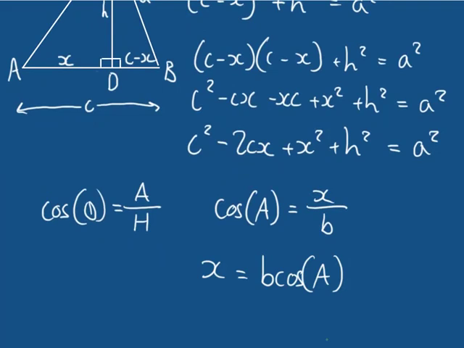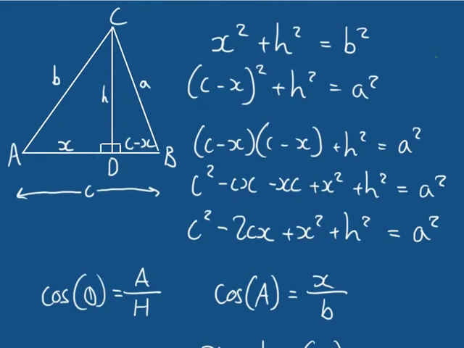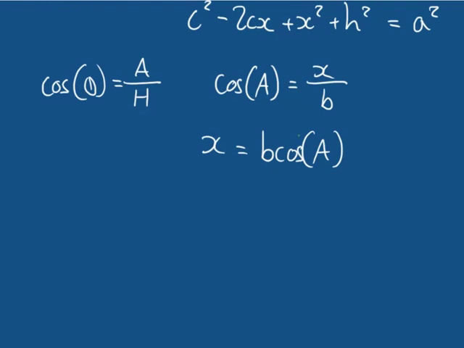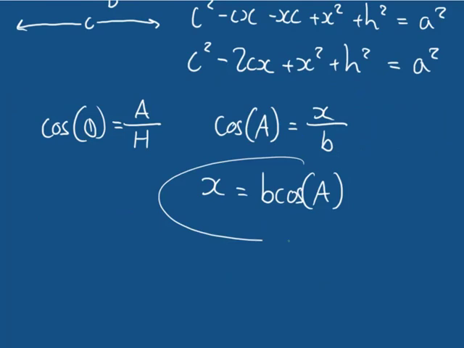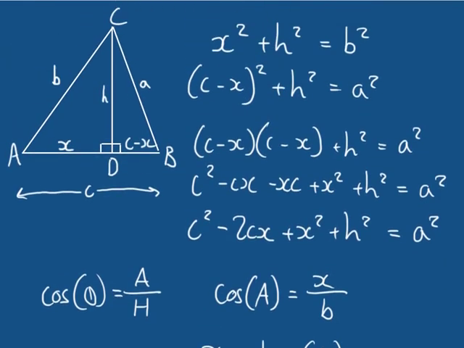Now you may ask yourself, well, why have we done all these equations? We seem to have some equations all over the place. We've got two equations that came from Pythagoras' theorem, one here and one here, and then an equation that uses the cosine trigonometric function. Allow me to rewrite two of these equations down with our trigonometric equation, and you're going to see exactly why we have taken these steps.